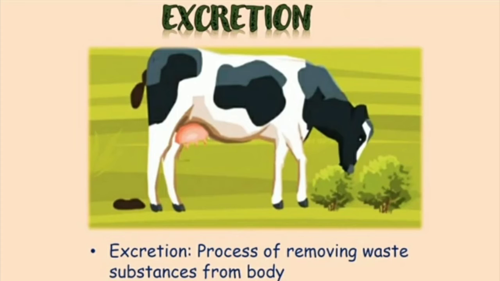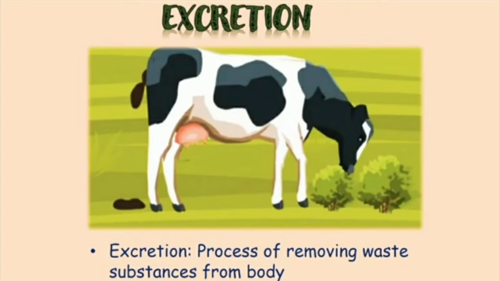And the process of eliminating them from the body, that means giving out, passing out from the body, is called excretion. What is excretion? The process of removing waste substances from the body is called excretion. Understood? And the waste substance is called excreta.